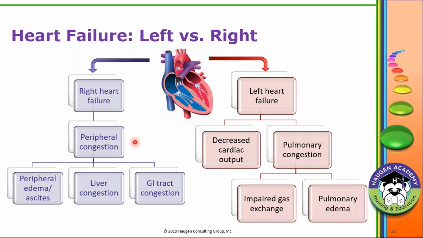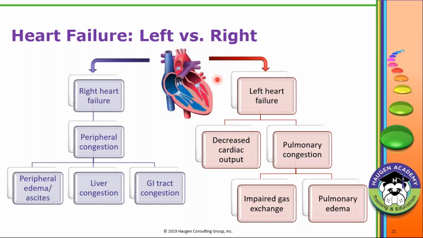These are patients who have really horrible peripheral edema where their legs and their feet swell up. They may have ascites, some liver congestion, or some congestion within the GI tract. On the left side of the heart, if we have problems with the left ventricle not pumping blood out of the heart efficiently, then it's going to back up into the lungs.